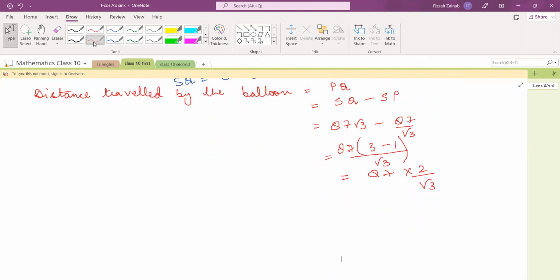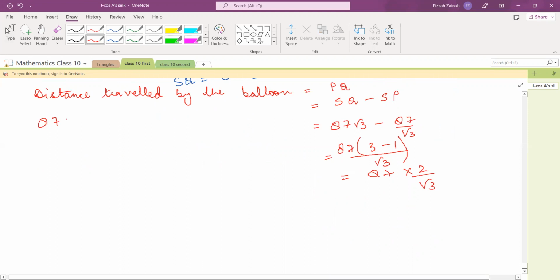So under root 3 into under root 3, that becomes 87 into 2 divided by 3 and into under root 3. So you divide 87 by 3, which is 29. Now 29 into 2 is 58. Root 3 meters is the answer.